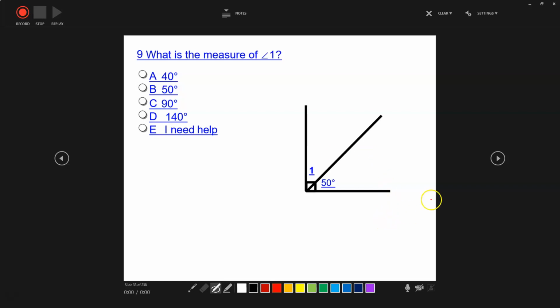The other way to look at it is 50 plus what equals 90. Then 40 degrees would be our answer. That would be the missing angle. 40 degrees plus 50 degrees equals 90 degrees, and those would be complementary angles.